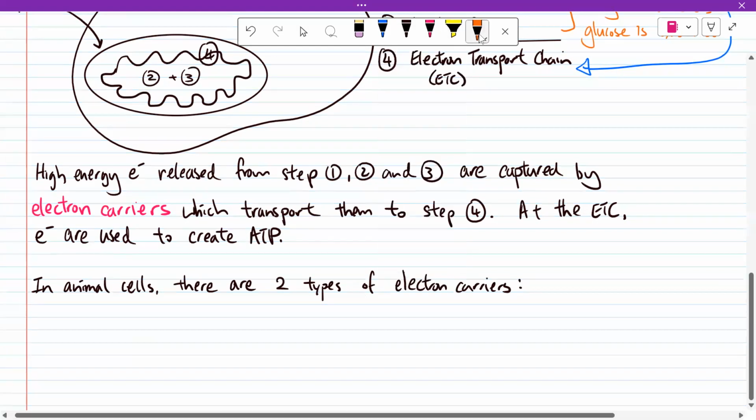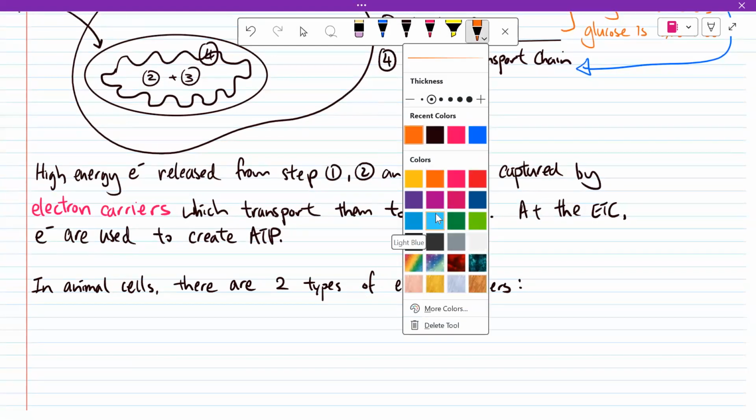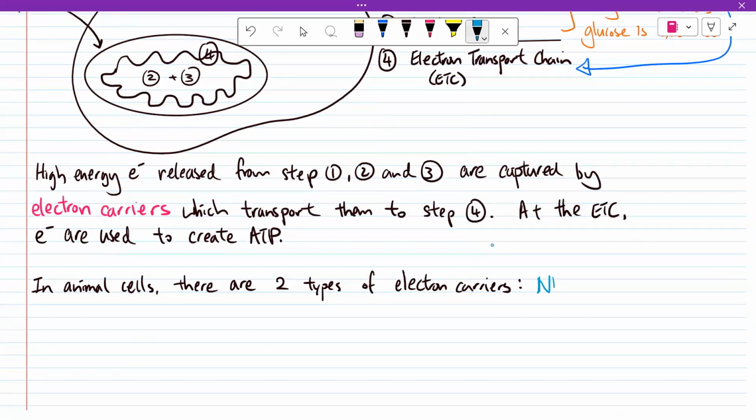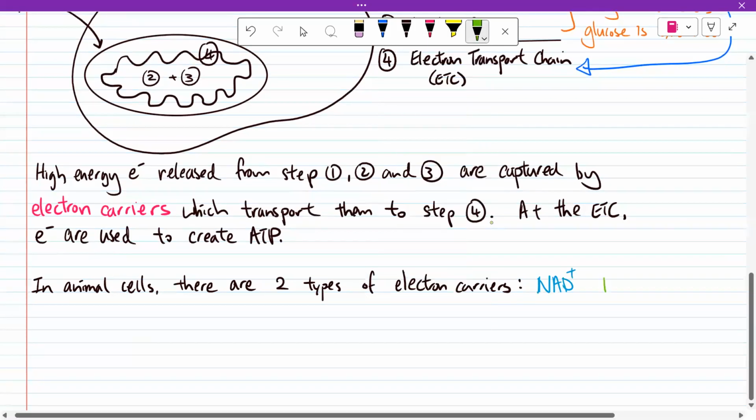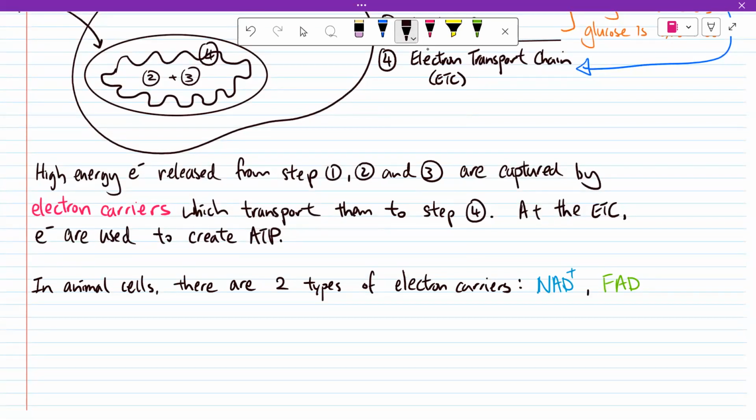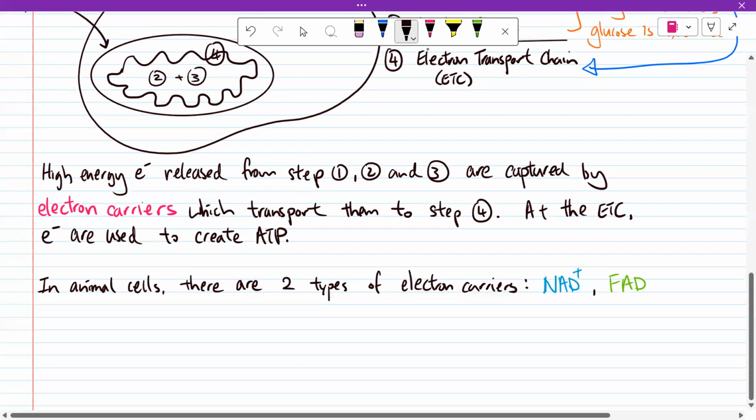They are called NAD plus and FAD. Never mind what they stand for. It doesn't really matter. What matters is they are energy carriers.